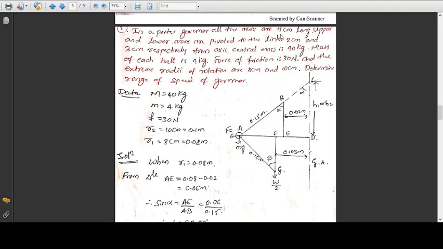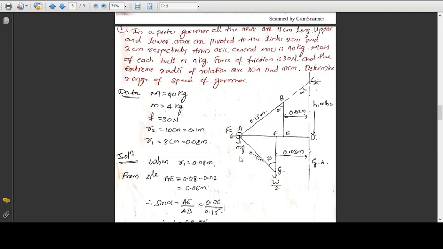So here the upper arm is pivoted at a distance of 2 centimeter and the lower arm is pivoted at a distance of 3 centimeter from the axis. In the previous problem we used to get the pivot point, the hinge point, on the same governor axis, but here this is pivoted at a distance of 0.02 meter, that is 2 centimeter, and here this is 3 centimeter, that is 0.03 meter.